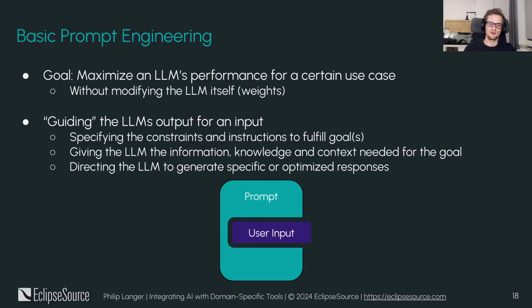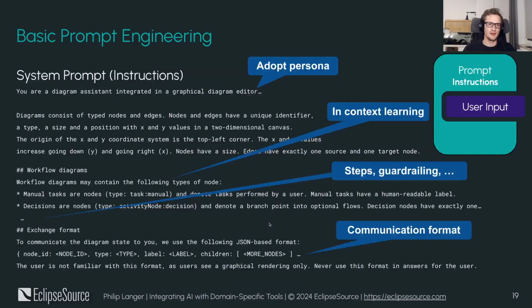You do that by specifying constraints, giving instructions to fulfill certain goals, giving the LLM the information, the knowledge, and the context needed to reach this goal, and directing the LLM to generate a specific and optimized response. So when the user enters a message, you can have control over everything else that you put around it to guide the LLM to provide the type of answer that you're looking for the specific user input. And that's essentially prompt engineering in a nutshell.